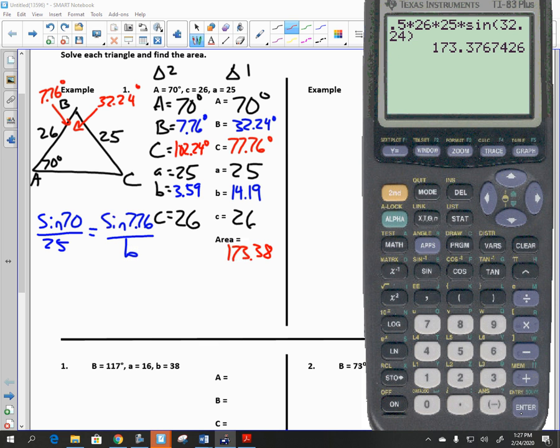I'll show you again. Okay, so area equals 0.5 times 26 times 25. What's the angle that sits between those? Yeah, sine of 7.76.